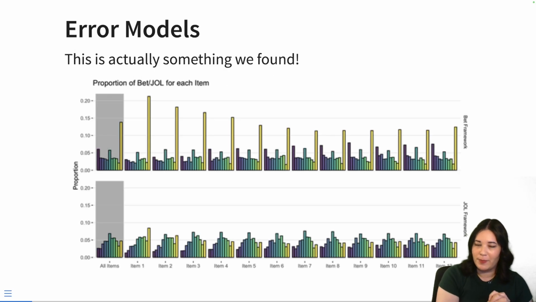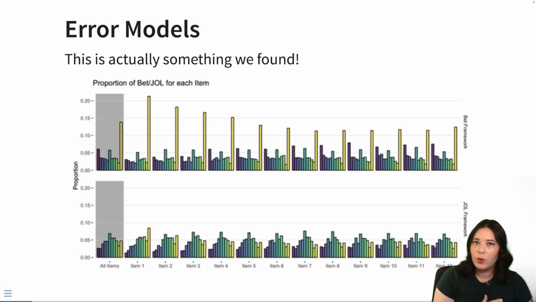And this is actually something I found in my research way back in grad school. We did this very experiment, and we saw that people who were told to bet on their words actually use the extremes of the scale far more often than those who were told, just give us a rating of how likely it is that you're going to remember this word later on.